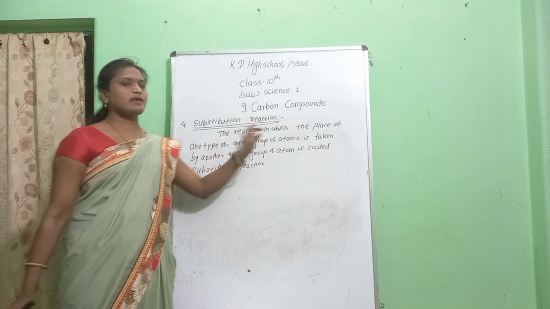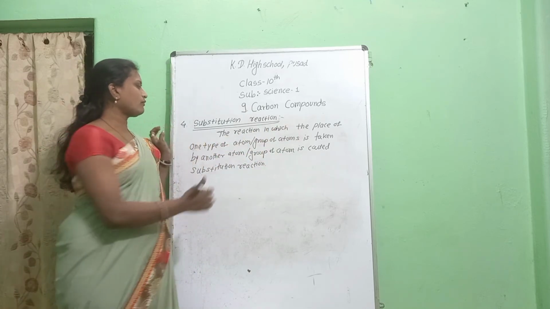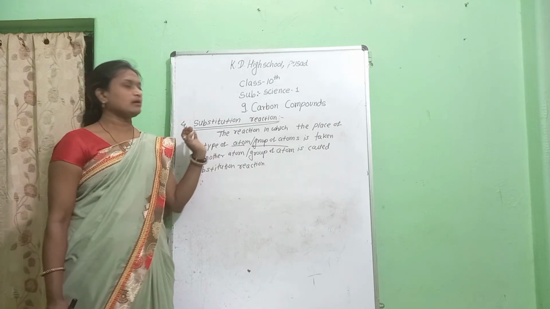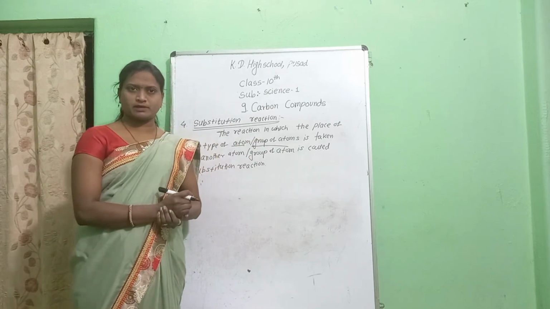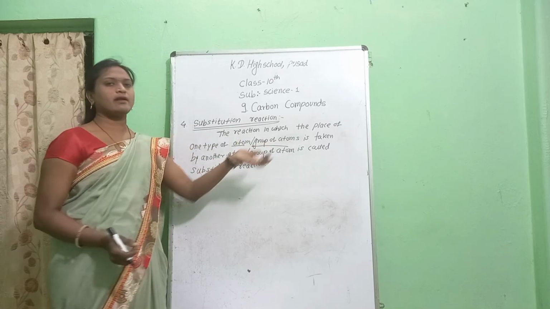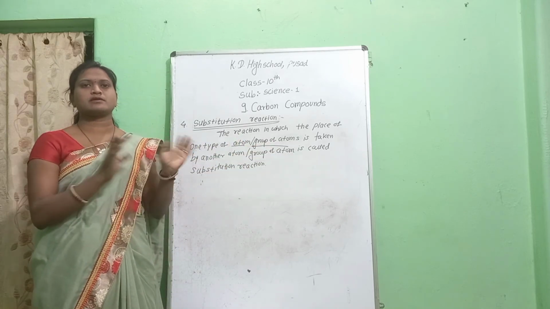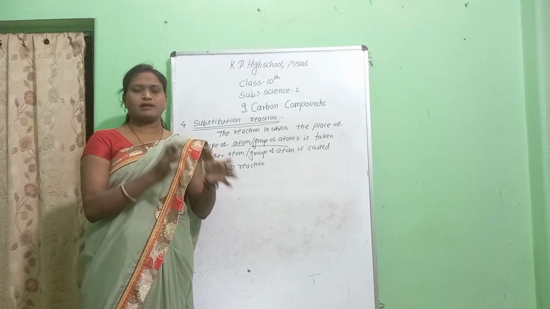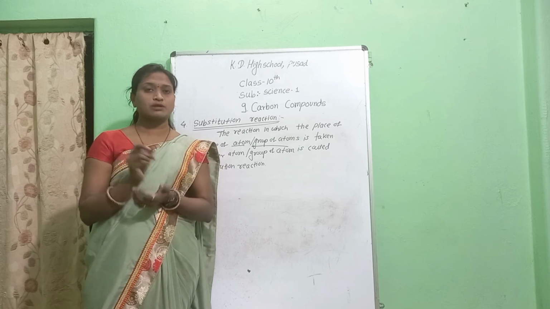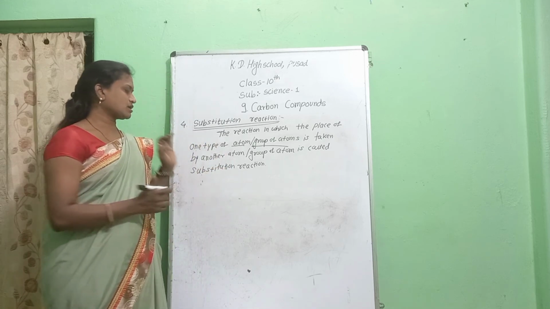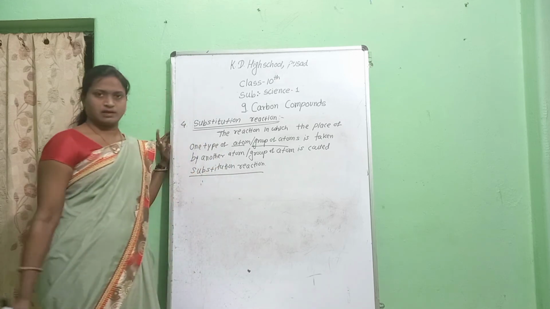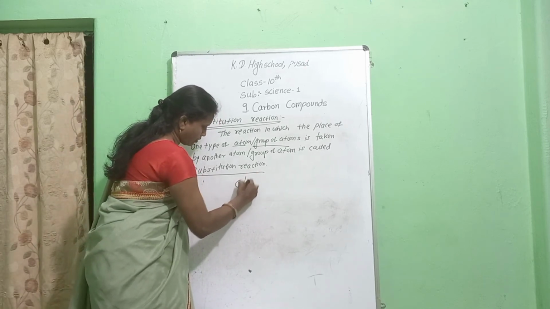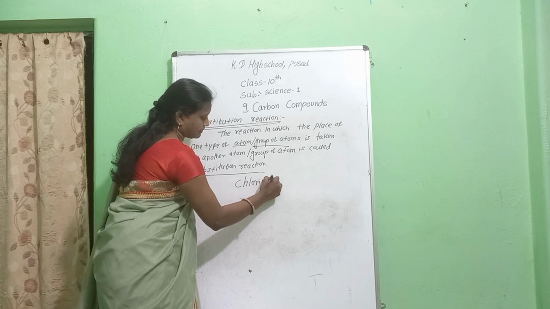See, the reaction in which the place of an atom or group of atoms, एखाद्या ॲटमची किंवा ग्रुप ऑफ ॲटमची जागा तर दुसरा एखादा ग्रुप ऑफ ॲटम किंवा ॲटम घेत असेल, is taken by another atom or group of atoms, then such a substitution is happening. म्हणजे एकाची जागा दुसरा ॲटम घेतोय. अशा रिॲक्शन्सला काय म्हणतात? सबस्टिट्यूशन रिॲक्शन.